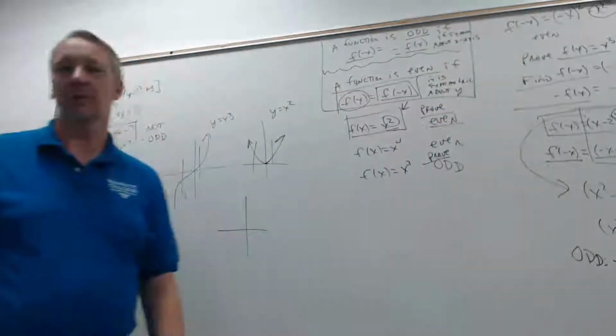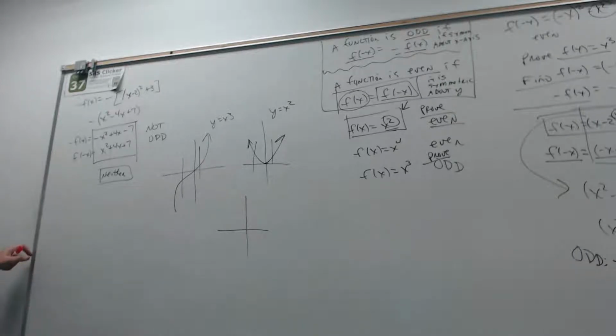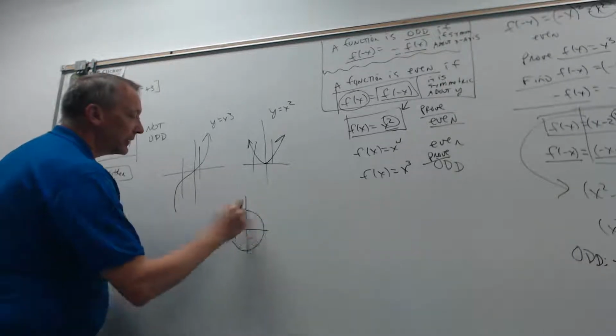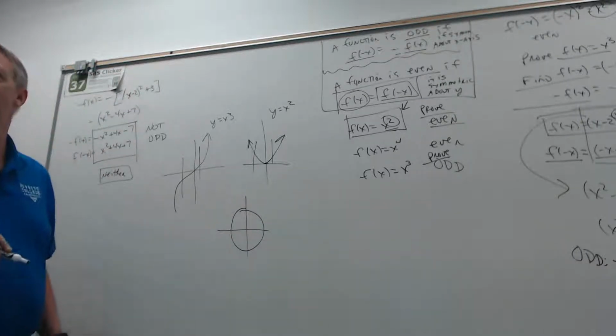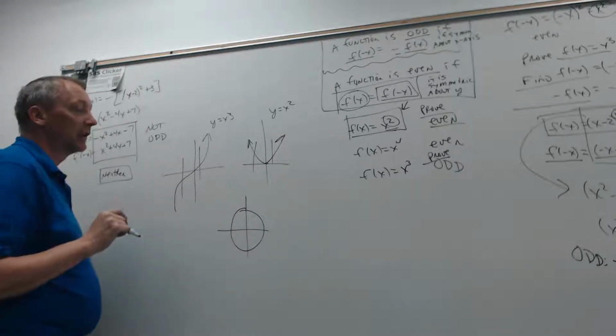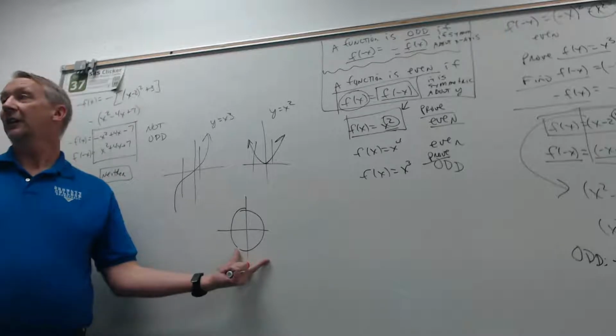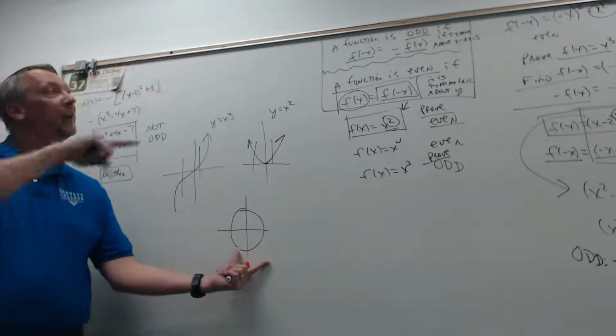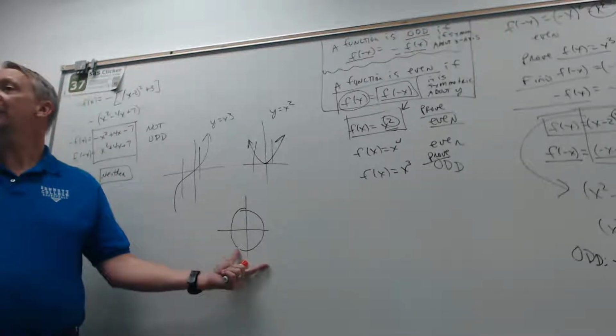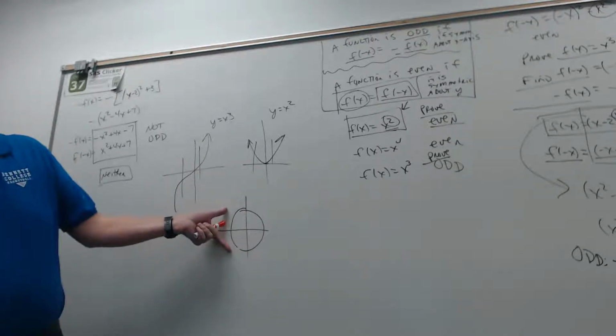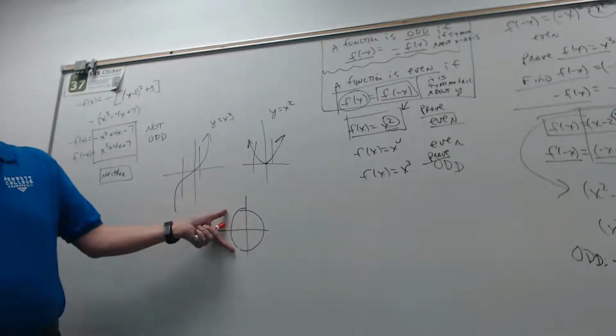That's another definition which I didn't get to, okay? Now, there is a function called a circle. I stated that wrong. A circle, is it symmetric about the x? Yes. Is it symmetric about the y? Yes. Symmetric about the y would also say that it's even, right?